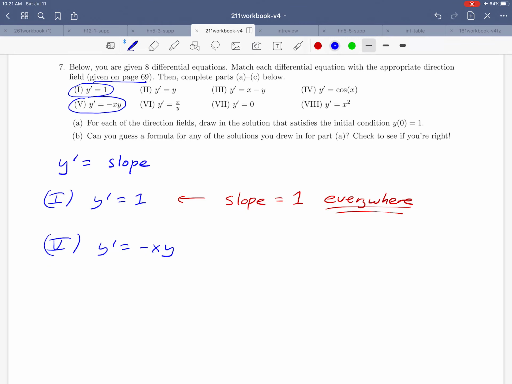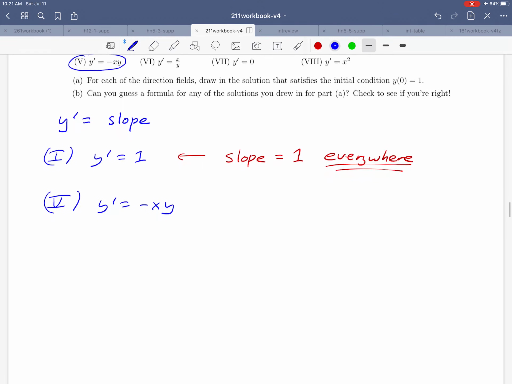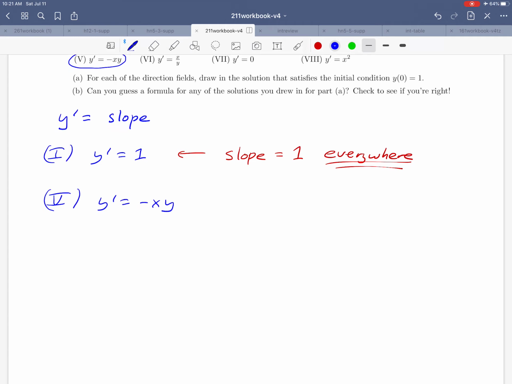So what I'm going to use for this one is what I like to call a test point strategy. We're going to just pick a couple of points, totally our choice where we pick them, and ask what is the slope at each of our test points. And I'm going to choose a point that's in each quadrant. So 1, 1, that would be in the first quadrant, minus 1, 1, that's over in the second quadrant, and so on.